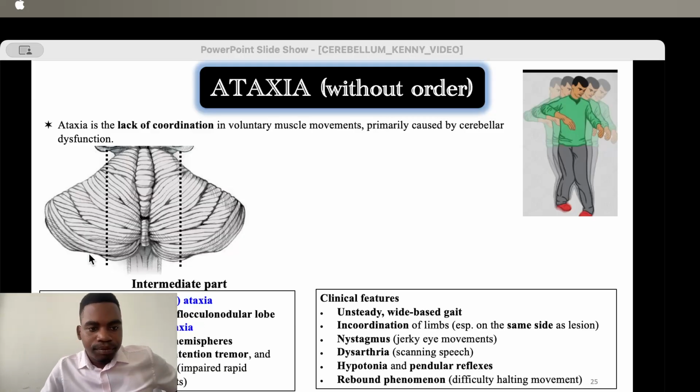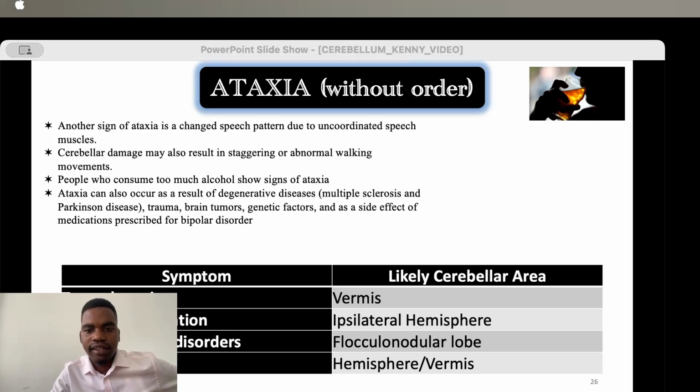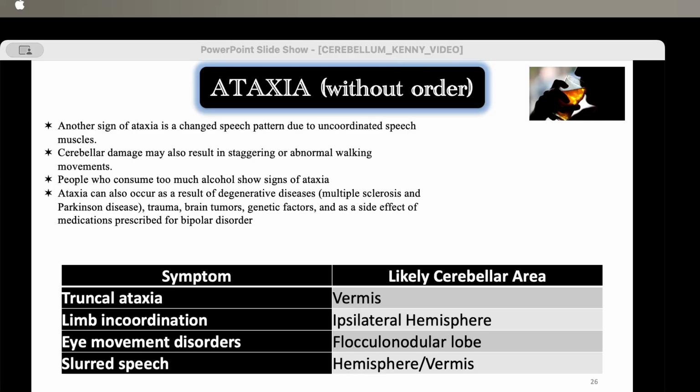So now let us see the symptom localization of the cerebellar diseases, or cerebellar ataxia. We have seen that we can have a trunk ataxia or limb ataxia.